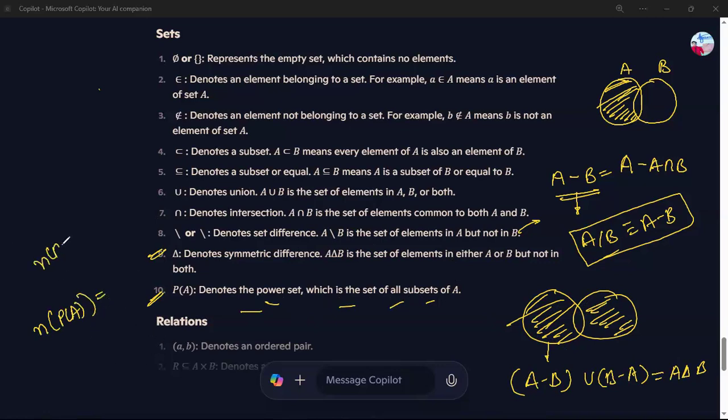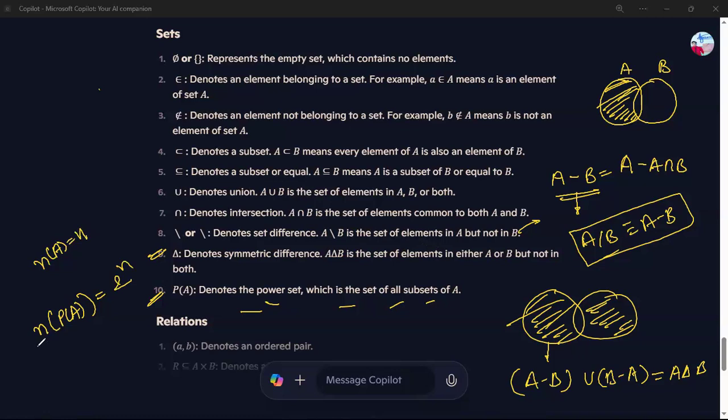Given that the number of elements in A is n, what is the total number of subsets of a set having n elements? No, but do revise your notes, okay?